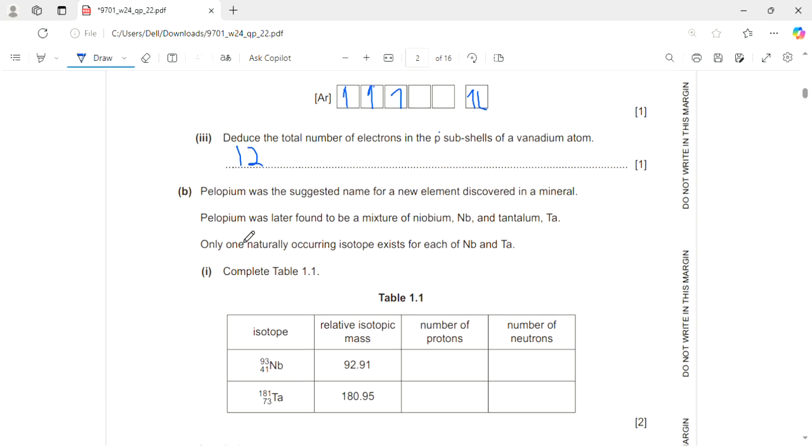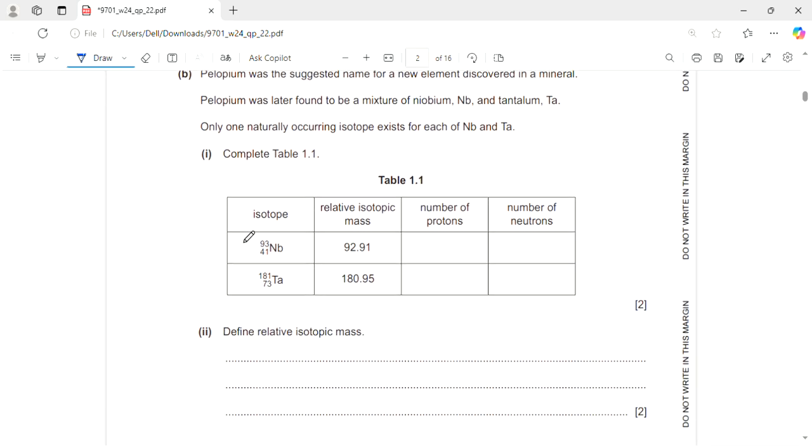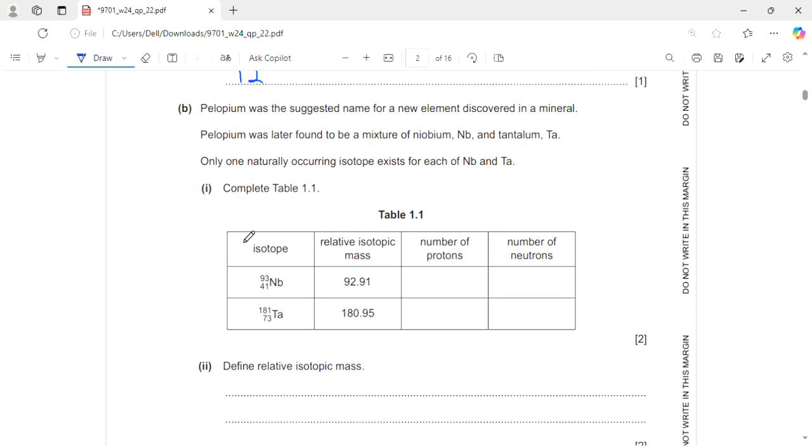Now something easy, part B. The question is: fallopian was the suggested name of the new element discovered in the mineral. Fallopian was later found to be a mixture of niobium, Nb, and tantalum, Ta.